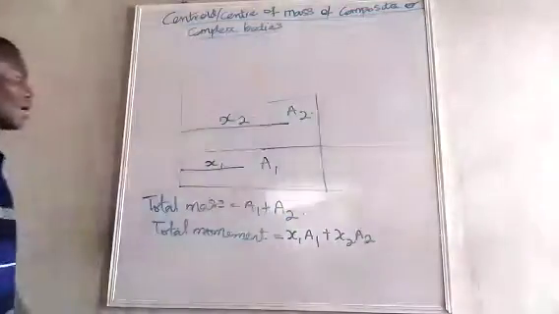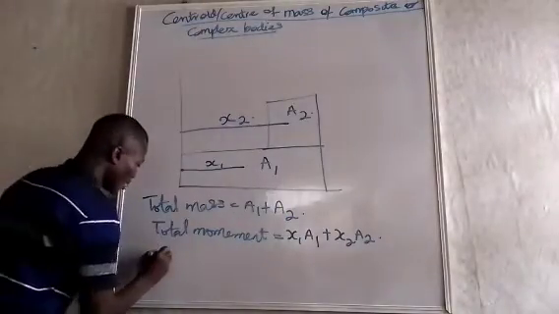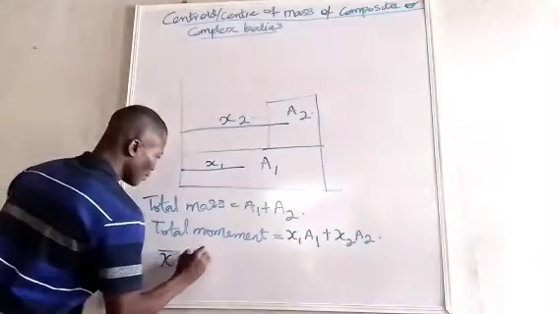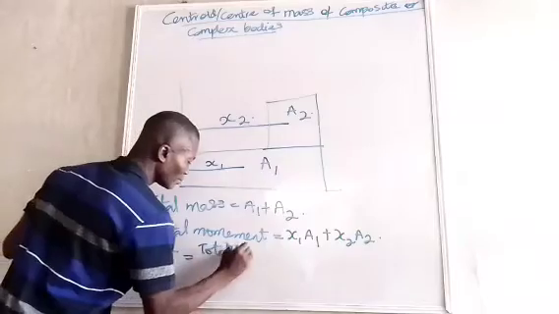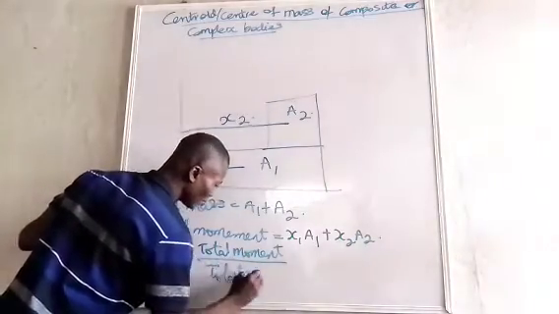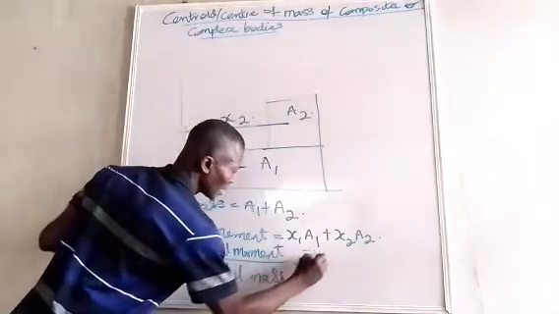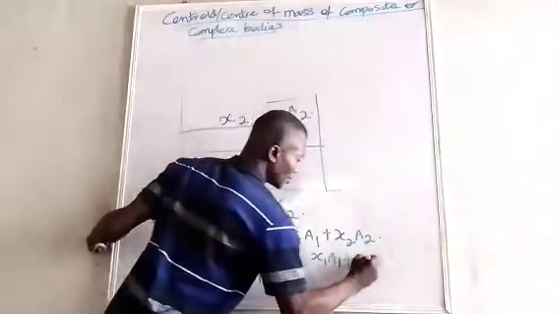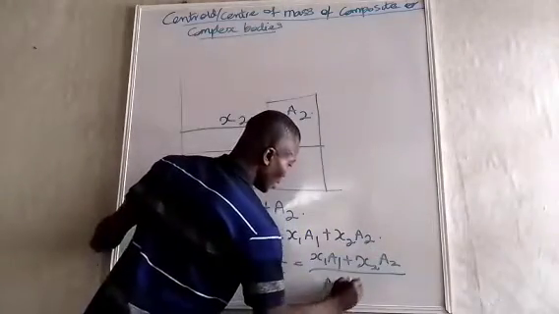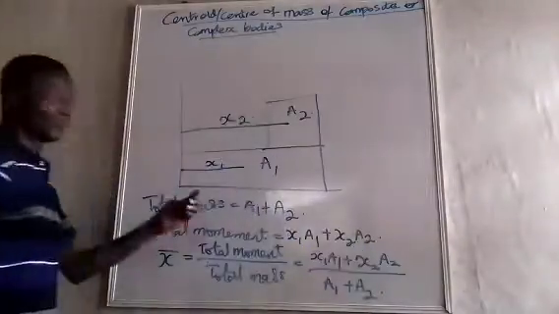And from there, we can now say the center of gravity or centroid of the whole shape is going to be total moment over total mass, which will be X1 A1 plus X2 A2 divided by A1 plus A2. Simple.